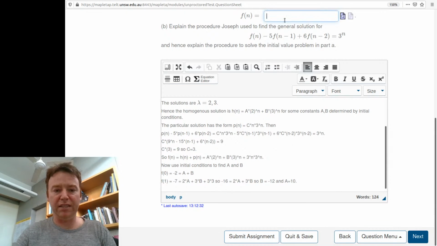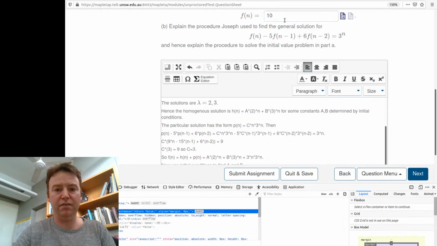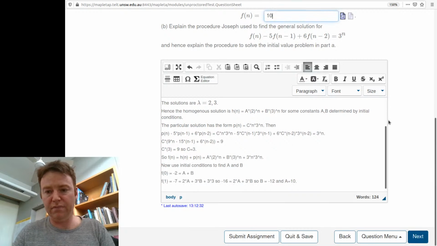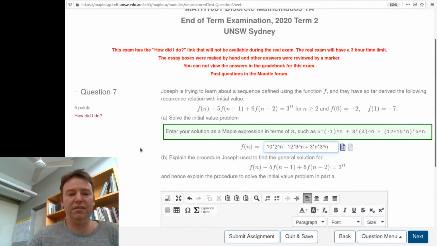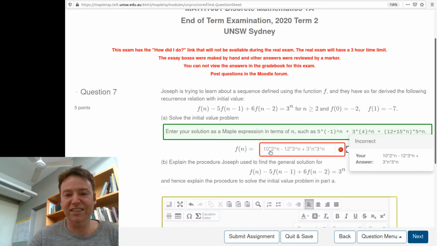Okay, so now I can fill out the thing. 10 times 2 to the power n plus minus 12 times 3 to the n. A plus 12 minus 12 times 3 to the power n plus 3 times n times 3 to the power n. Oh, jeez. I didn't even... No! Oh. What?